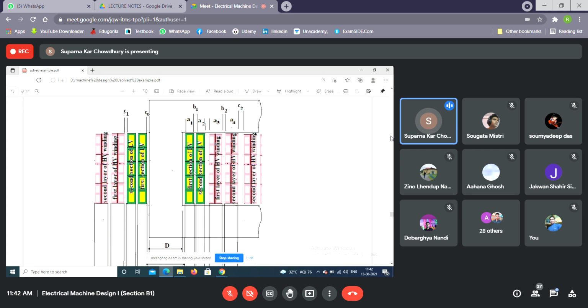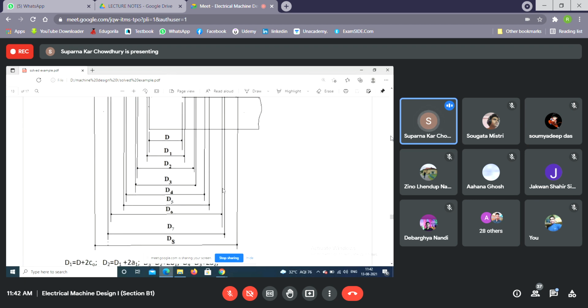Now, one thing: I have considered helical winding for the LV. If you have crossover winding, then this duct will not be there, that is, it will be in one section. So up to the LV first section and HV first section, one section will be there. Instead of a gap between, it will be a single section.